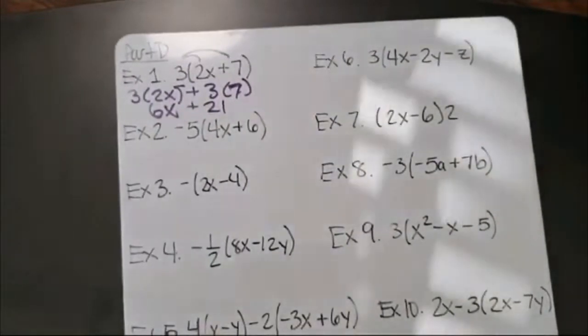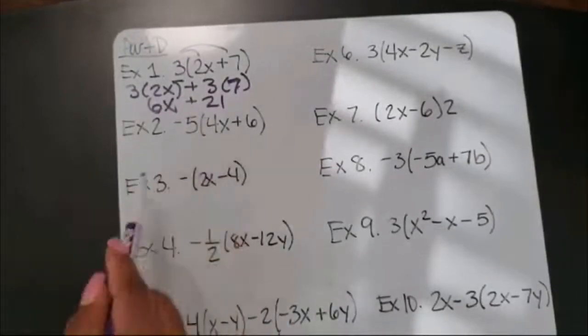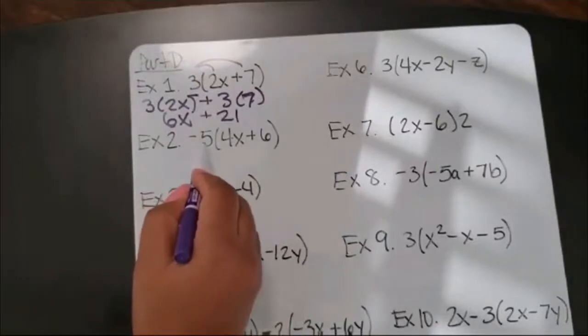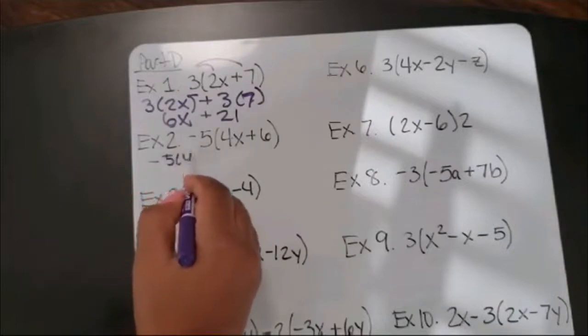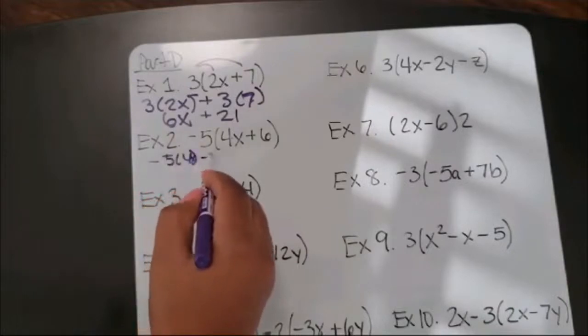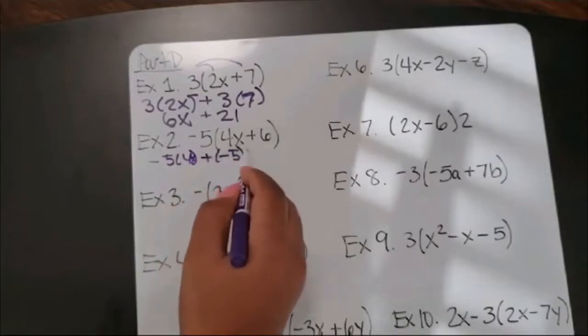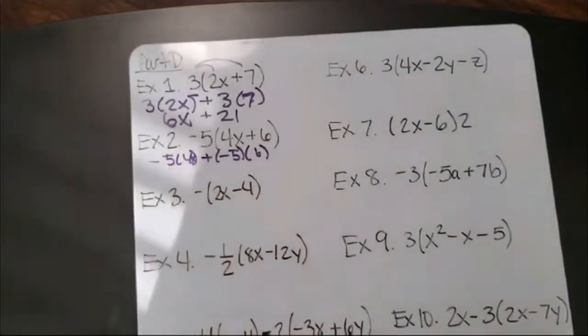So let's look at number 2. We have -5 times 4x plus 6. So we can write this step, -5 times 4x plus, and I'm going to put the -5 in parentheses and my times 6 in parentheses, so I can make sure that I know that that negative sign goes with that 5, okay?